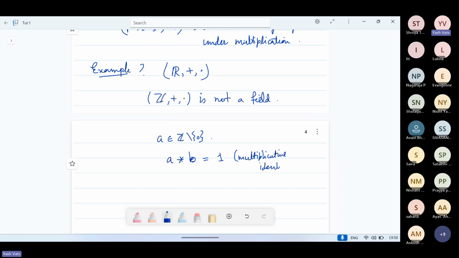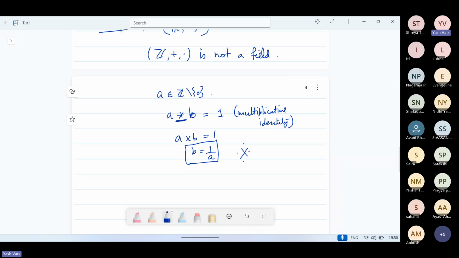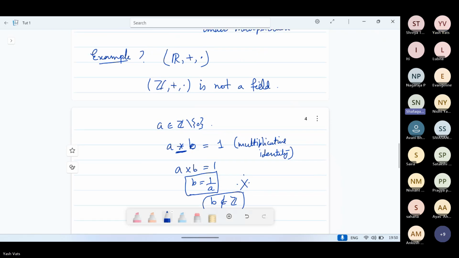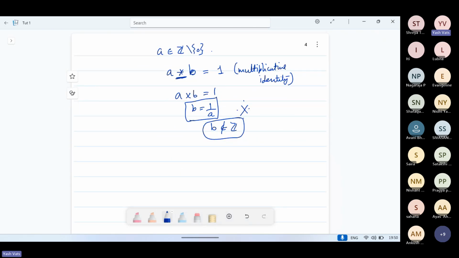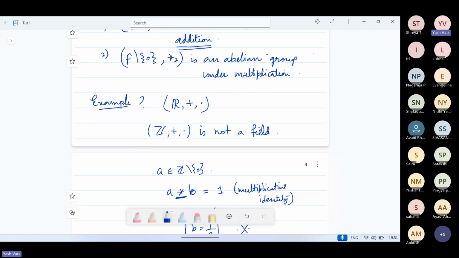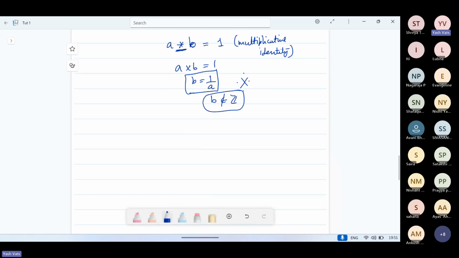No, right? Because a times b is 1 means b is 1 upon a, which is not possible because a is in Z but b is not in Z. So Z is not a field, because elements have no inverses except the identity. All right, so this is one example.